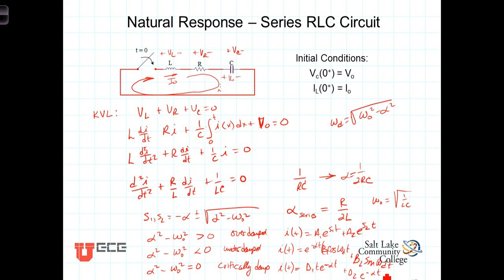And as was the case in the parallel situation, all of the voltages and currents flowing in this will be of this form. The only difference will be the values of the coefficients, which will be determined from the initial conditions on whatever it is we're solving for.